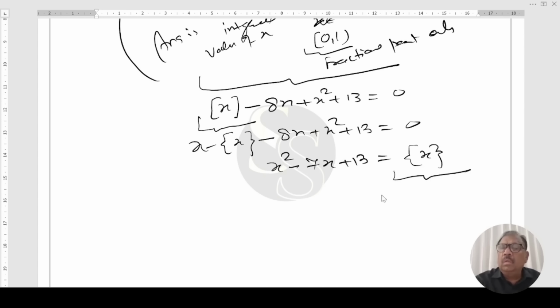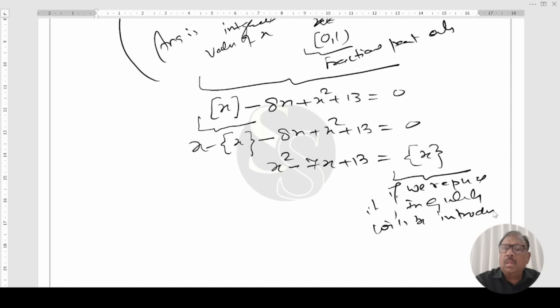Now, if we replace it, an inequality will be introduced according to this.